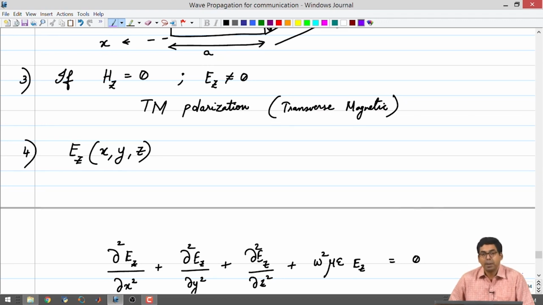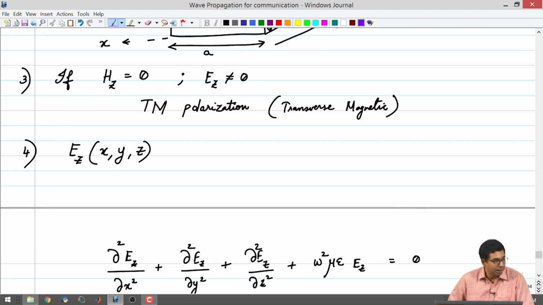You could also pick up an alternate field configuration where Hz is not equal to 0 and Ez is equal to 0, and that would be known as a TE polarization. Consequently, you would rewrite the wave equation for Hz in that case, and try to see what the field patterns would look like using the appropriate boundary conditions and also using proper general solutions that will satisfy these boundary conditions.